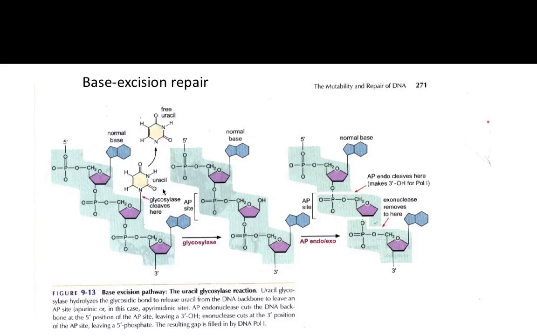Base excision repair occurs, for example, when we form this uracil. There's an enzyme that recognizes it as uracil, cuts it off, and leaves a single position where the sugar does not have a base added. Two more enzymes come in and cleave that out, and then DNA polymerase will fill this little gap in, using the information on the other strand to insert the correct base.